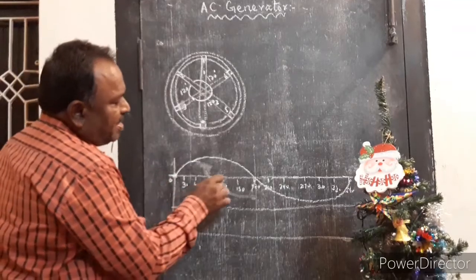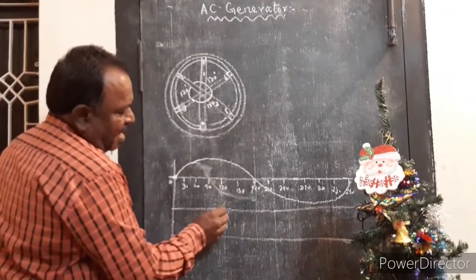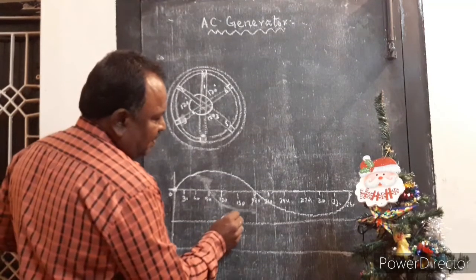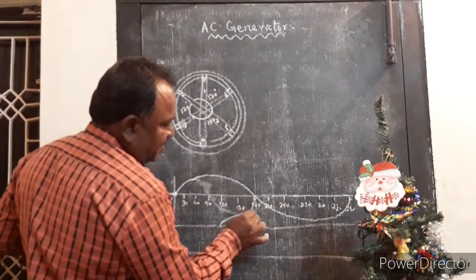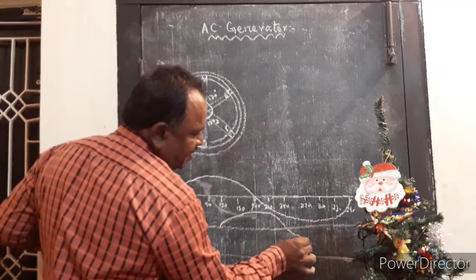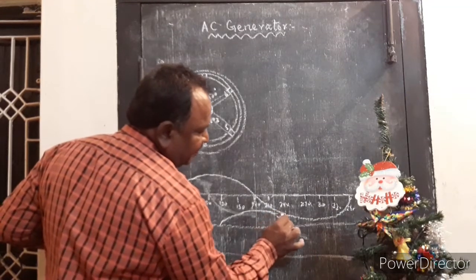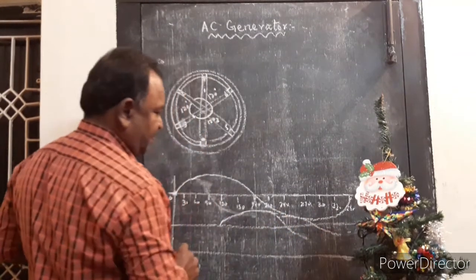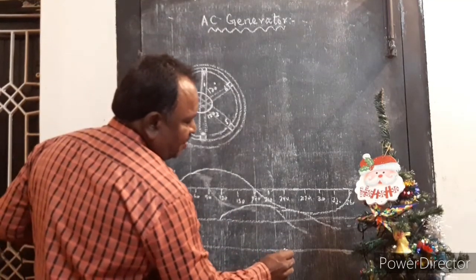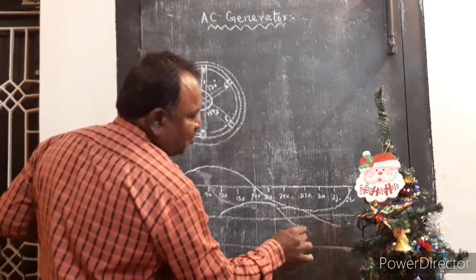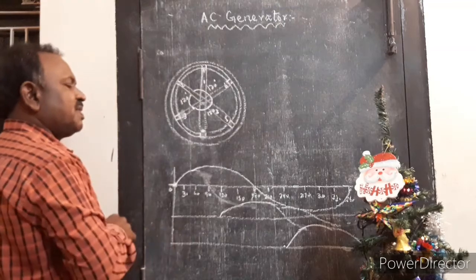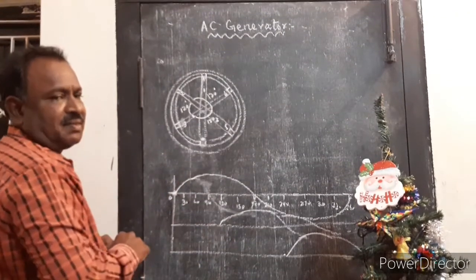When the coil is at 120 degree, at that time only the second coil will produce an EMF, like this. The third coil will produce when the first coil is rotated through 240 degree. So the induced EMF in the 3 coils will differ like this.